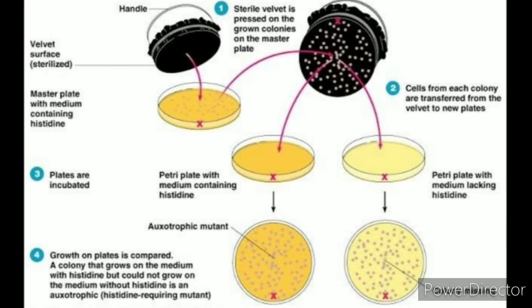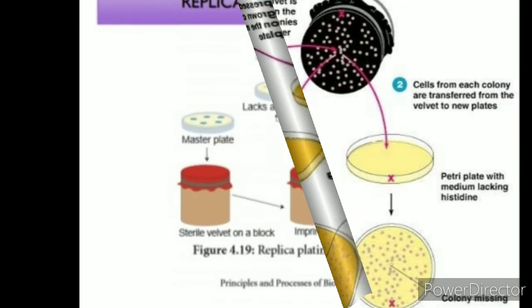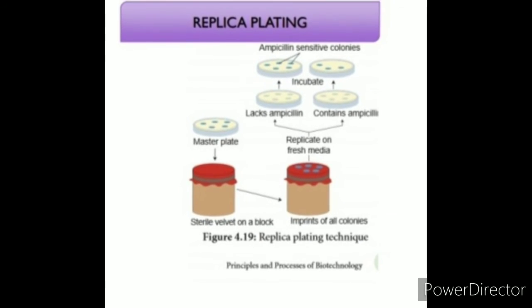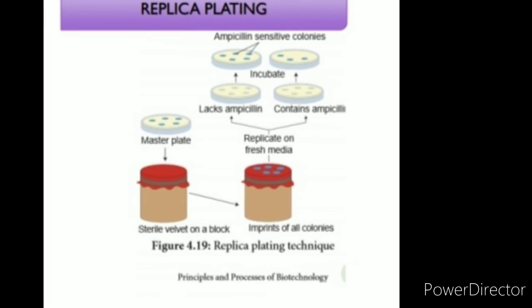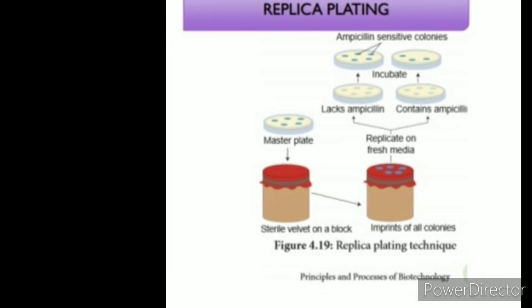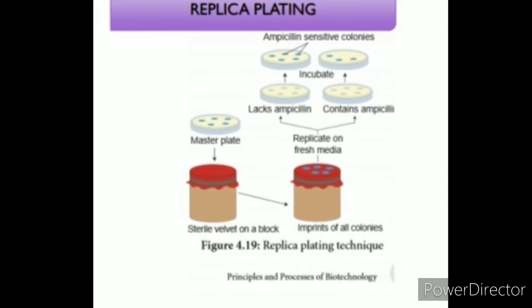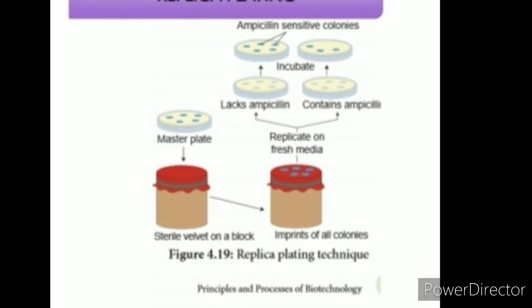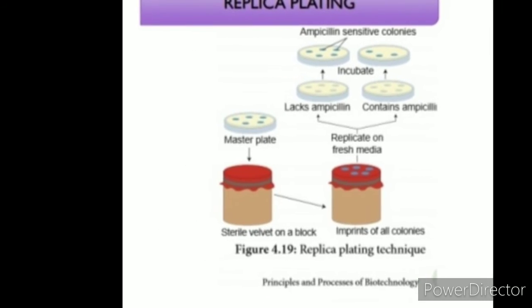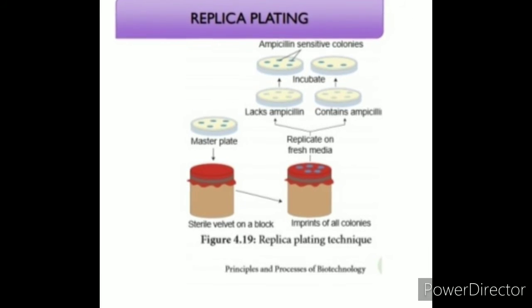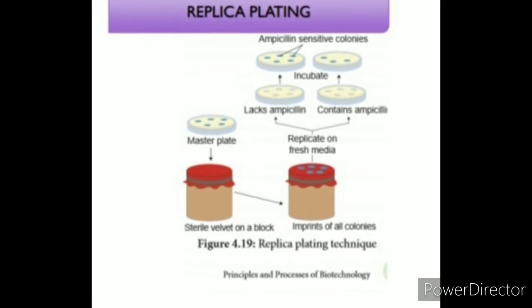Now, look at this figure. Here, it is a master plate. Master plate means bacteria culture plate. This master plate consists of colonies, that is groups of bacteria. Now we are pressing these colonies on a sterile velvet cloth, so we can get an imprint of bacterial colonies on the velvet cloth.